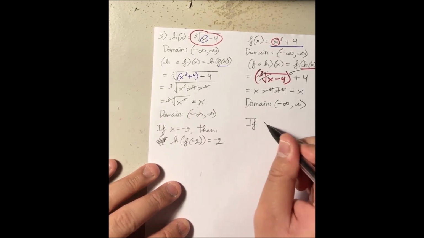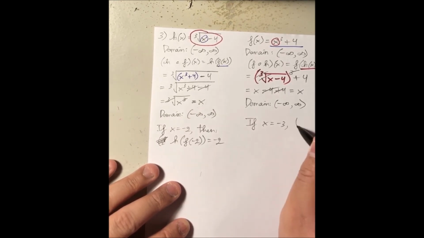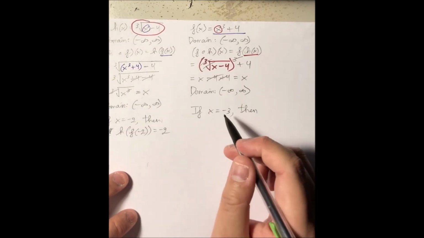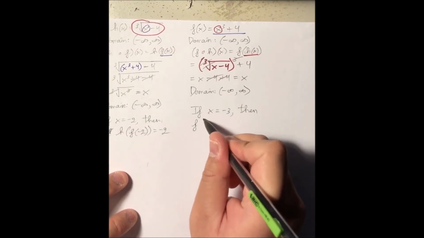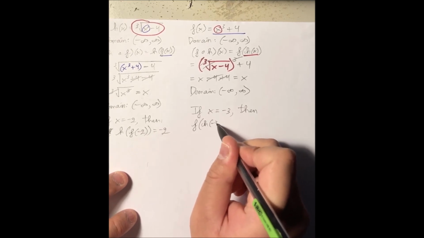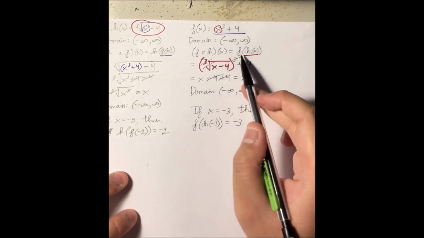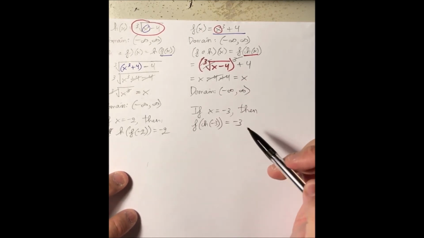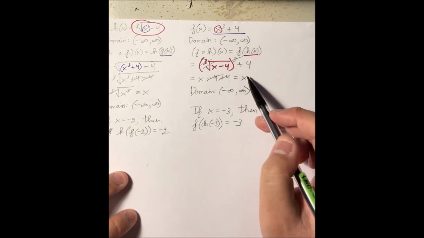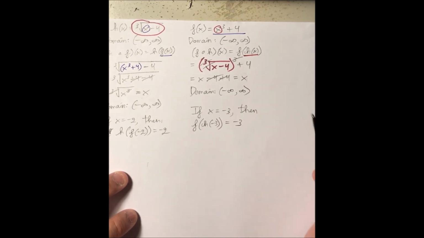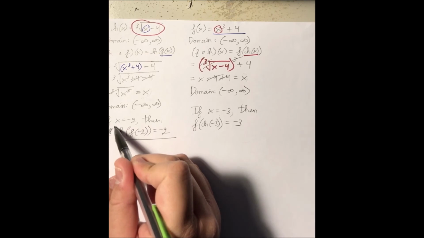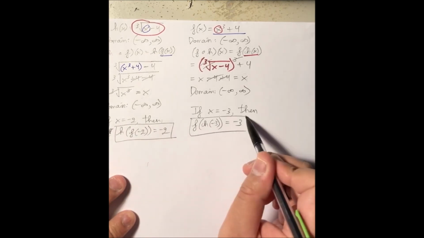And if x equals -3, then f of h of -3 is going to be equal to -3 as well, because f of h of x is equal to x. If x equals -3, we replace all of the x, which is just this one, with -3, and that's how we got that. And that is how we do this problem.